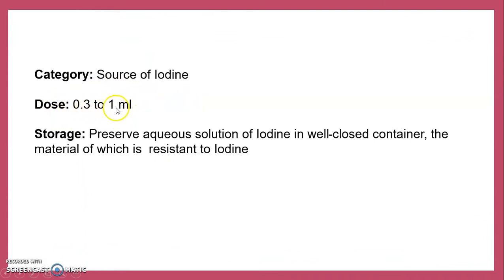Dose is 0.3 to 1 ml. Storage condition: preserve the aqueous solution of the iodine in a well closed container, the material of which is resistant to iodine. Then let's move toward the laboratory to see how the practical is carried out.